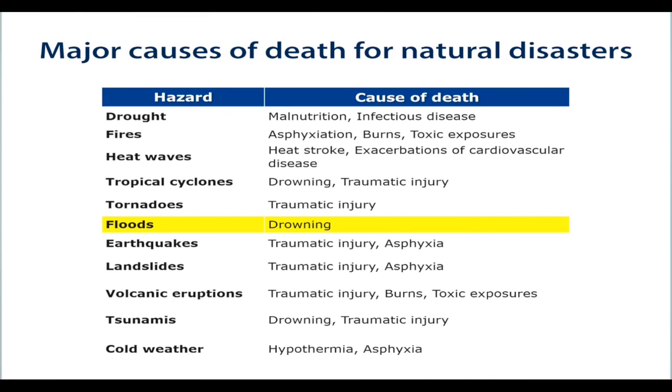The major causes of death for natural disasters related to floods: drowning. Of course, cleanup. There are some injuries that occur when people do cleanup and recovery, once again using materials that they're not used to and so on. For the most part, the overwhelming majority of disaster-related deaths associated with floods are caused by drowning.